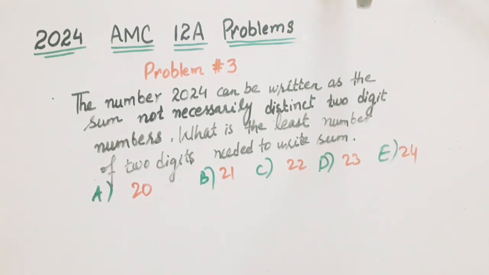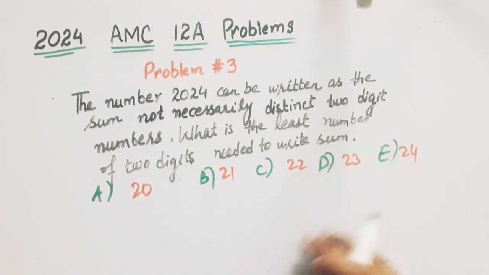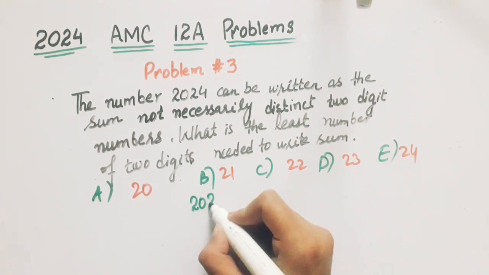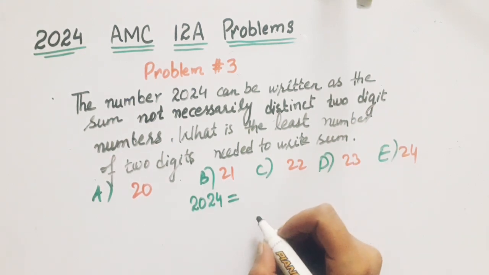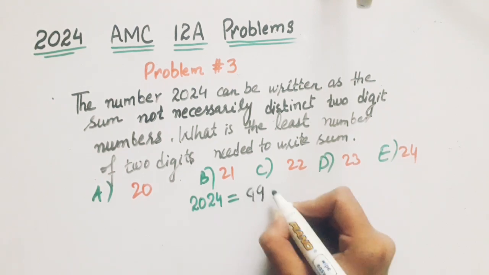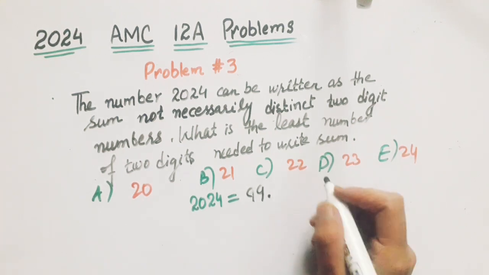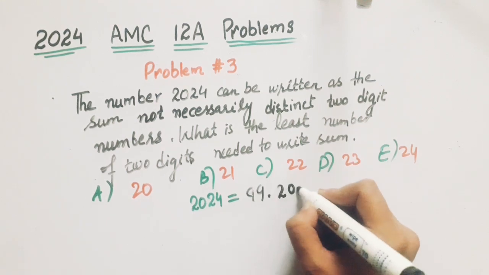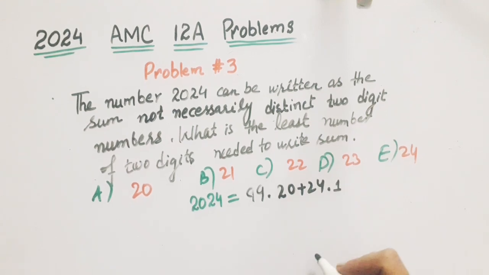So if we want the least number of two-digit numbers, we maximize the two-digit number by choosing the maximum two-digit number possible, 99, since we will write 2024 equals 99 and we will write this as 20 plus 24, and this 44 will be multiplied by 1.